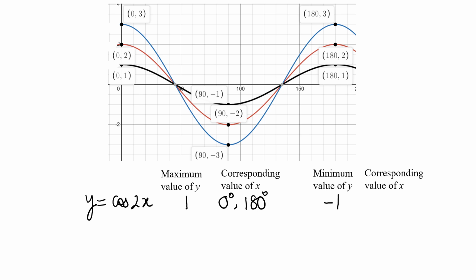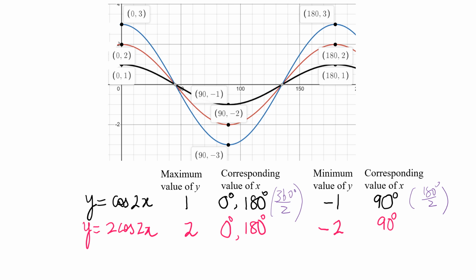Then the minimum value, so this is taking 360 divided by 2, which is the same concept as what we have learned for the sine curve. The minimum value of y is -1, and that happens when your x is 90 degrees, which we get by taking 180 degrees divided by 2. Right, so let's go on to the next one.